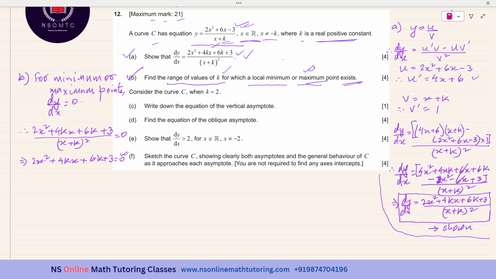Therefore, since we are interested in the cases where there is one minimum point and one maximum point, we will be taking the discriminant value to be greater than 0. Okay. So you do not have to show the graph. This is paper 2. You can write using GDC graphs and the slider feature.